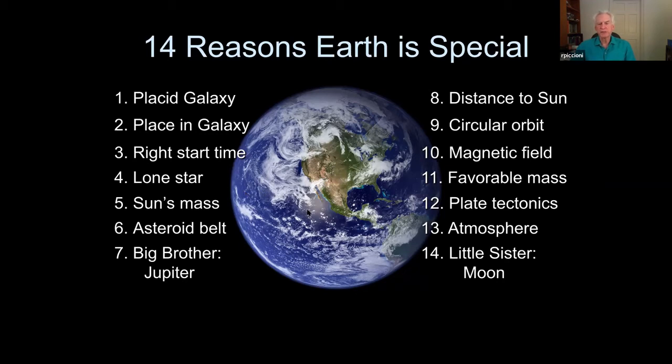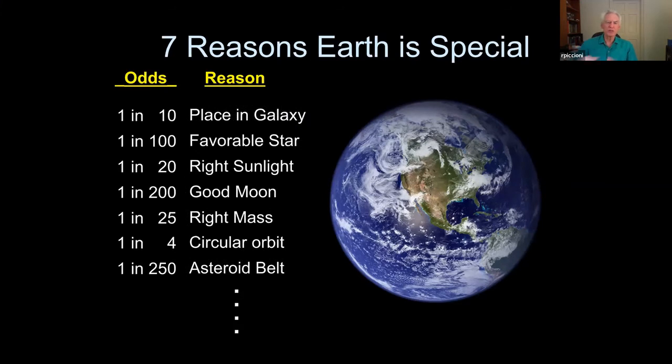And we don't have time to go through 14 of them today, but now that astronomers have found 4,000 planets orbiting other stars, exoplanets, we can put some statistics on about half of these characteristics of Earth. And these are the numbers that I got from the NASA JPL Caltech website on exoplanets.